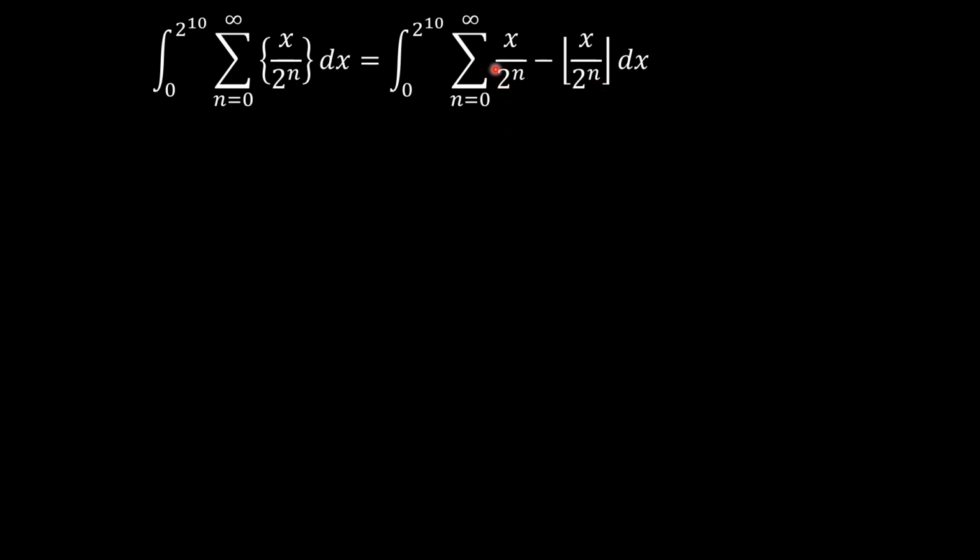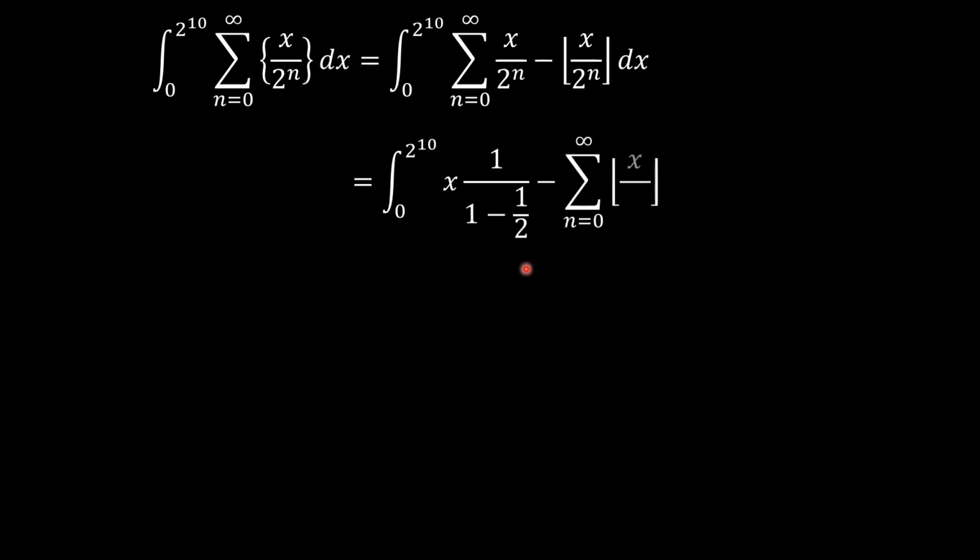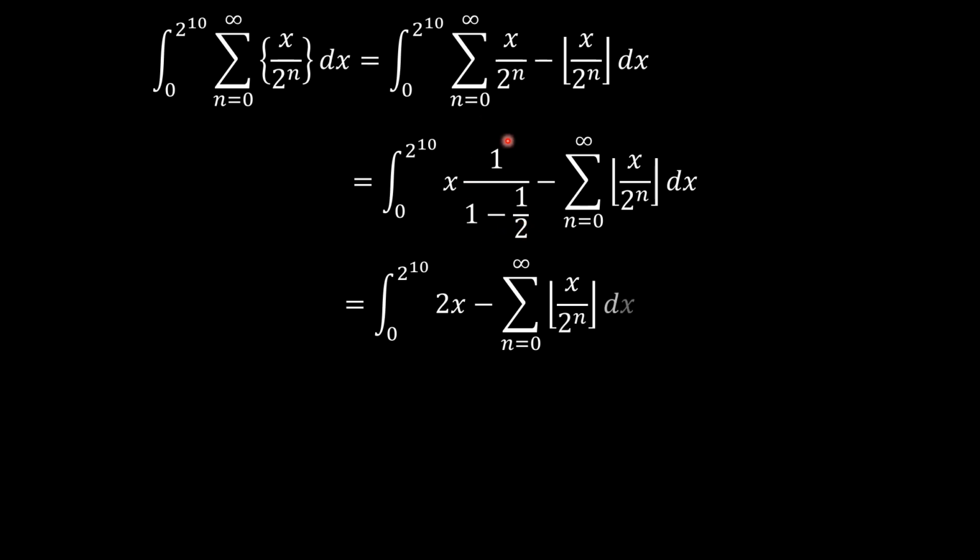Now, this first summation, since x is not really involved in the summation, we can focus on the 1 over 2 to the power n, and using geometric series to infinity, since we're starting from 0, so by 0 it means that the first value is 1, we have 1 over 1 minus the constant ratio, which is 1 over 2. And so this results into 1 minus 1 over 2 is a half, reciprocal of a half is 2, so 2x. So we can quickly integrate that.